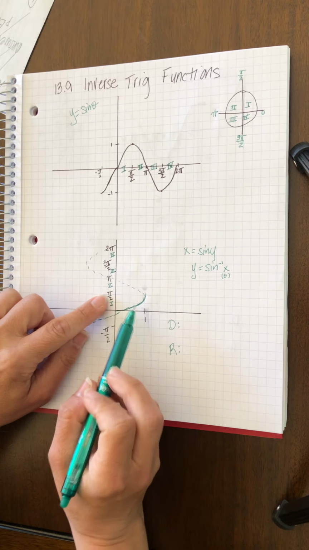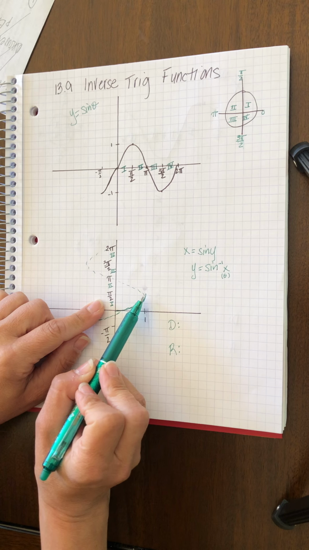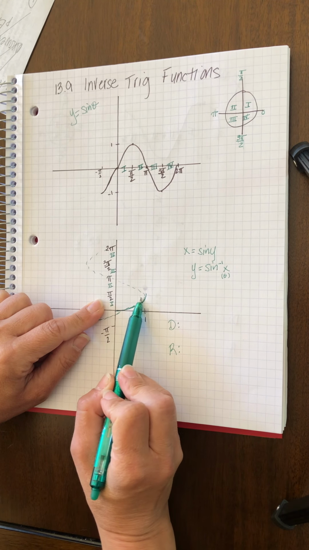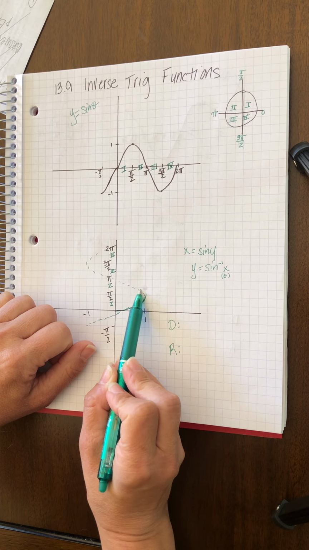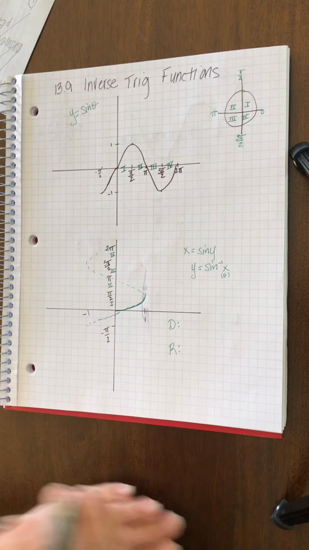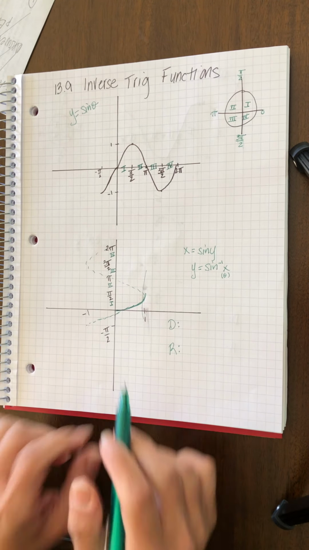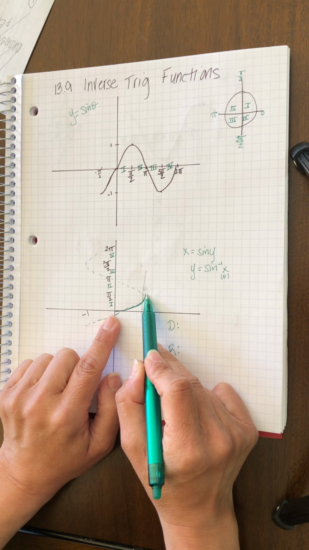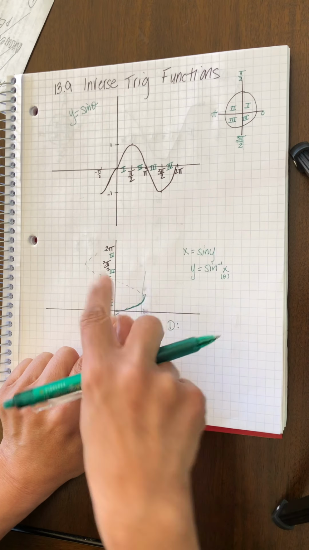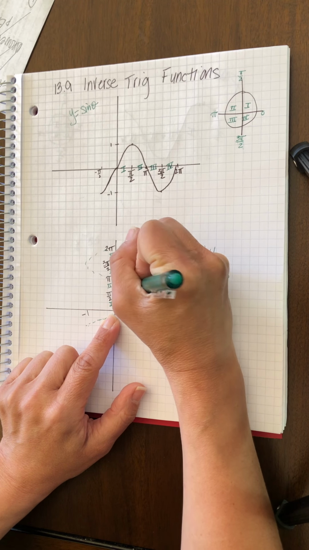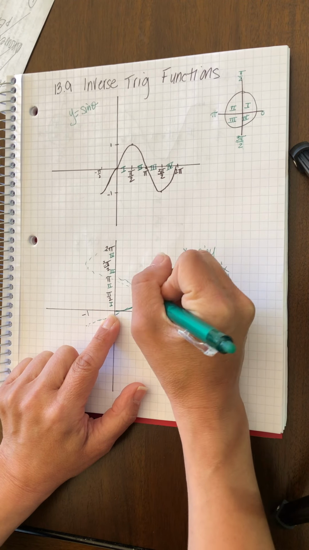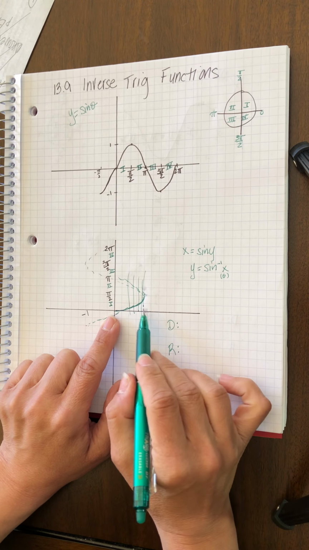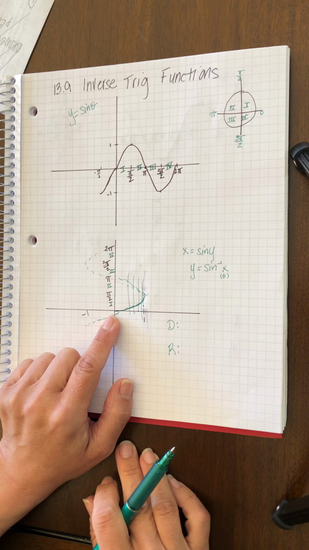As soon as I go from 1 and start to turn back toward pi, boom, I fail the vertical line test. So my curve cannot go past this point right here, 1, pi over 2. Fail, fail, fail, fail. So I have to stop at 1, pi over 2.